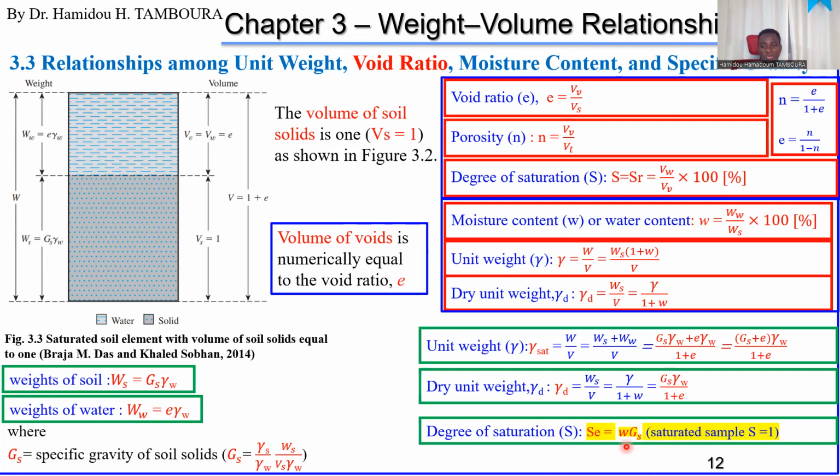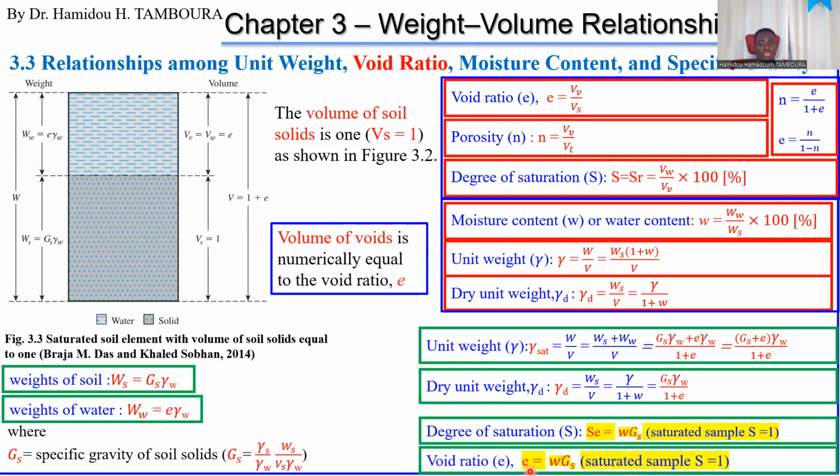By using this formula, you can use the opportunity given to you here, which is that the degree of saturation is 100% or 1. Use it, and you can get this relationship.